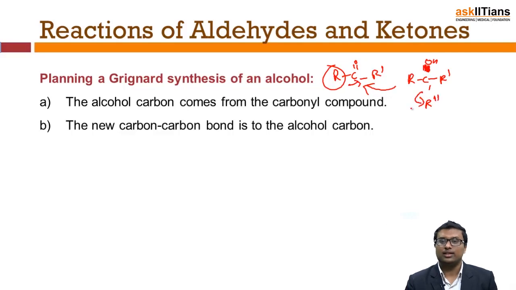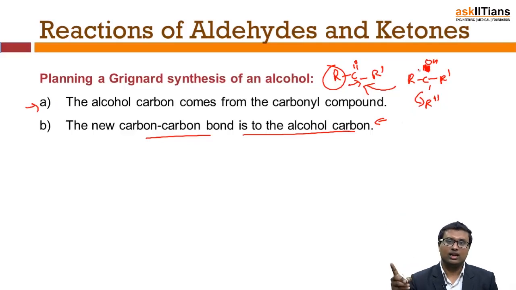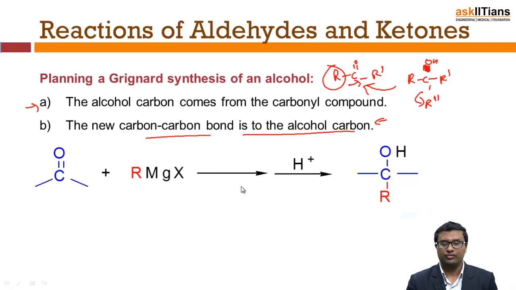The carbon present in this R double dash is from the Grignard reagent. So the new carbon bond is from the Grignard reagent. The carbon attached to the alcohol is the carbon already present in your aldehyde or ketone. You can see this R marked in red is getting attached here, so you will be getting an alcohol here.